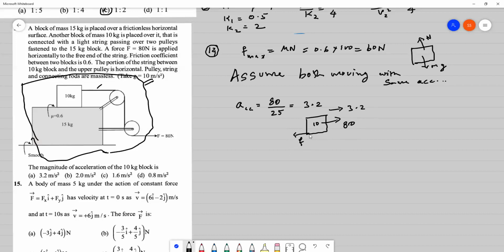So I'll find the friction force acting on this. 80 minus friction force divided by 10 is the acceleration, net force divided by mass, that is 3.2. So F is equal to 80 minus 32, which is 48.